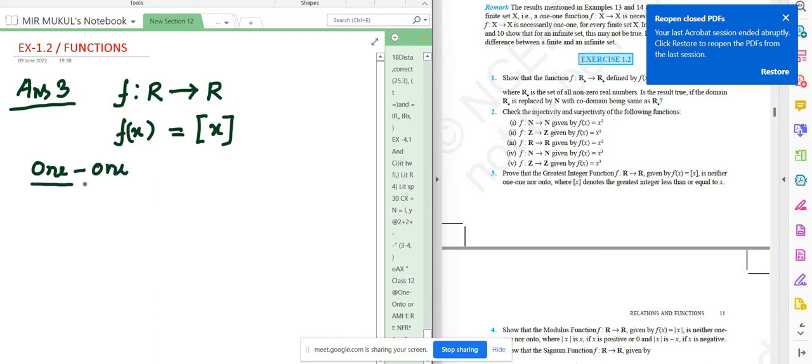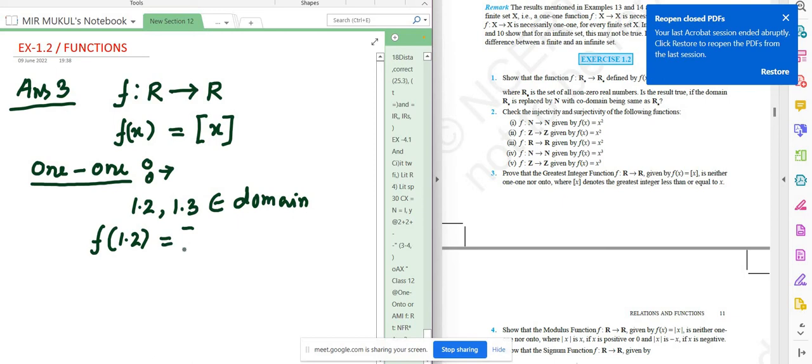So in the question it is already given it will not be one-one. So we can take an example, right? Here 1.2 and 1.3 belong to the domain. Domain means real numbers. Now f(1.2) will be the greatest integer of 1.2.